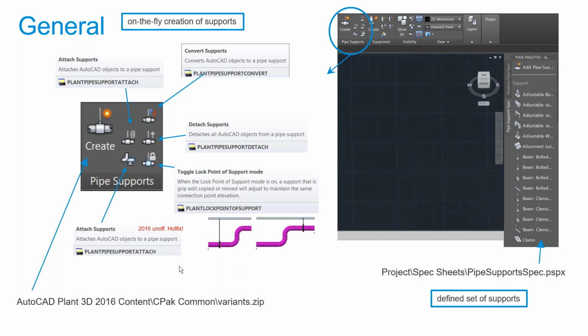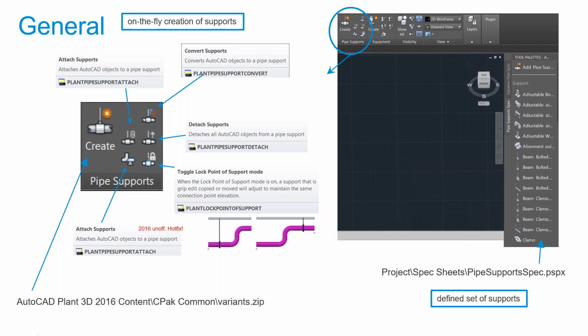And then something that was added in Plant 2016 and newer is attached supports. Basically, it's sort of like supports on supports, where if you have a dummy leg with a stanchion there, you can connect those together. So Plant3D sees those as one support, but when you run ISO, you'll still get the two different supports out there on the bill of material and get those reported out.